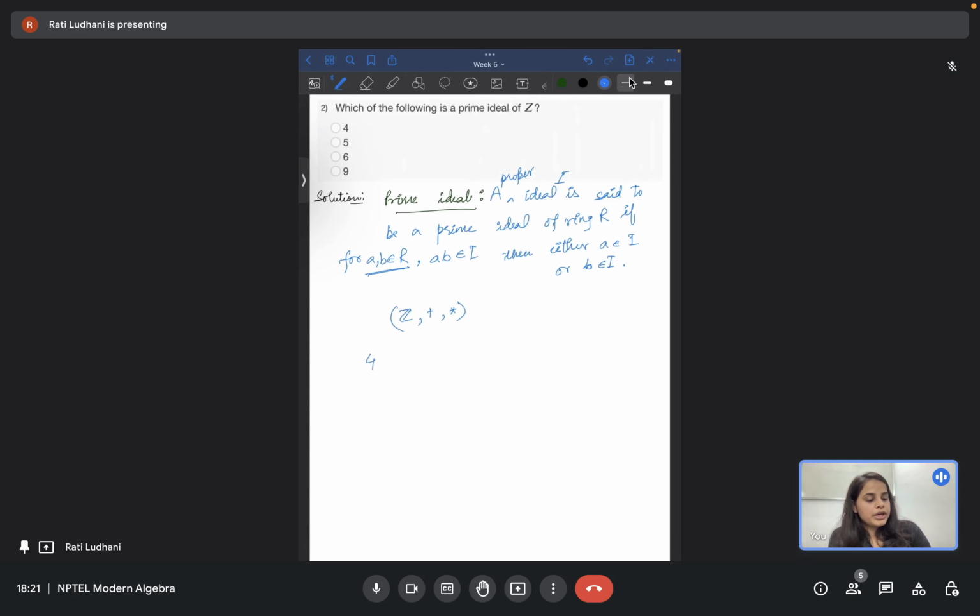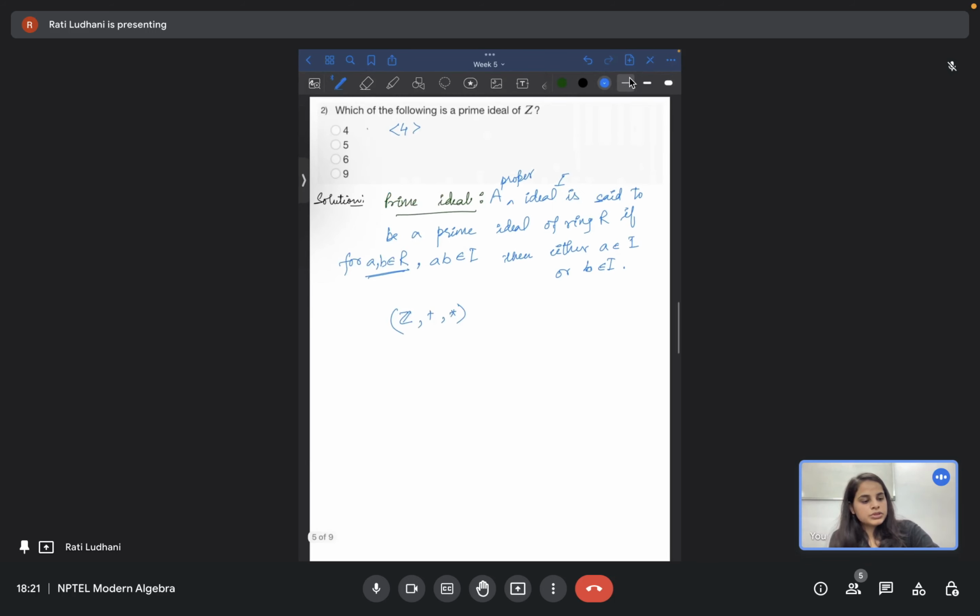Then can you write 4? So you need to check. So 4 is actually here. What does that mean? This is the ideal generated by 4. That means 4 into something, let's say this is a, such that a belongs to Z. So this ideal contains all the multiples of 4. Obviously 0 is there, because if you take 4 into 0, you will get 0.